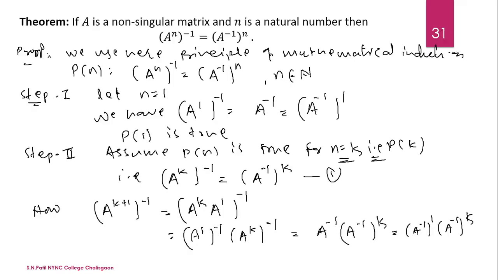See here, the base A raised to minus 1 is the same, addition of power, that is A raised to minus 1 raised to 1 plus k or k plus 1, addition is commutative. That is, P of k plus 1 is true.